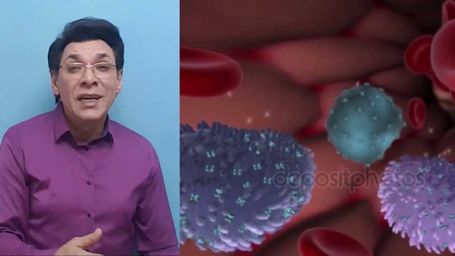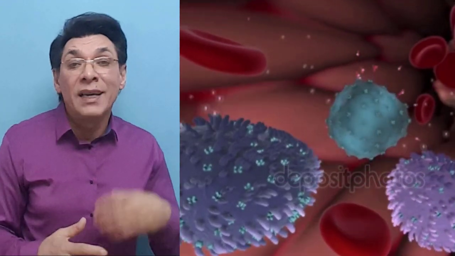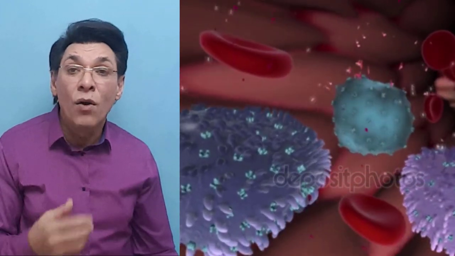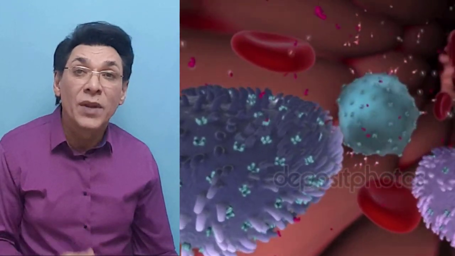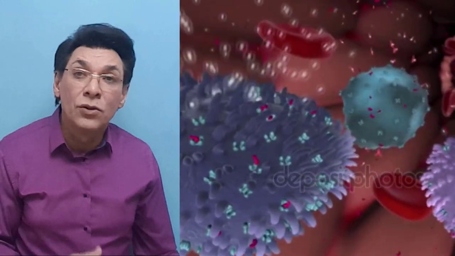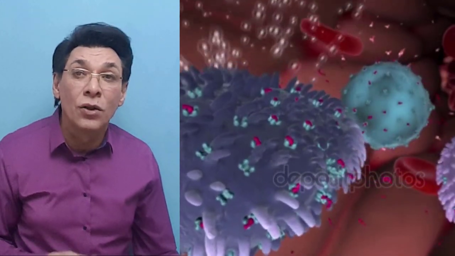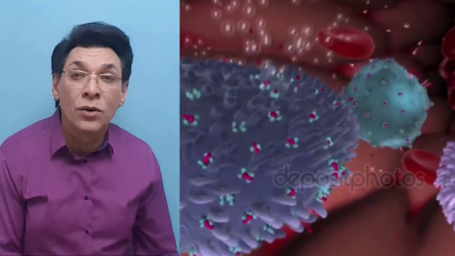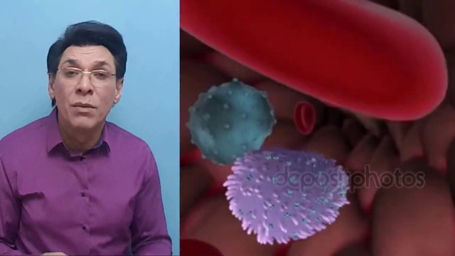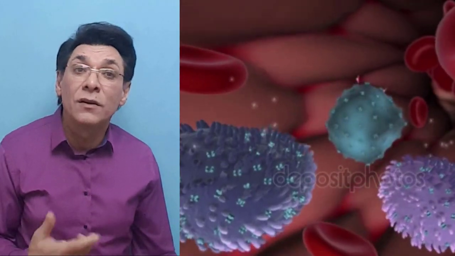And third, they are broken down by enzymes in plasma or interstitial fluid. Hormones bound to transport proteins, steroid and thyroid hormones, stay in circulation longer. Each hormone has an equilibrium between bound and free forms.